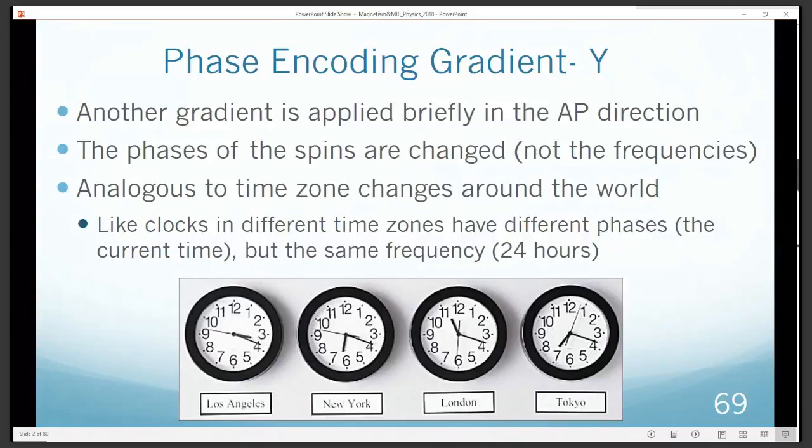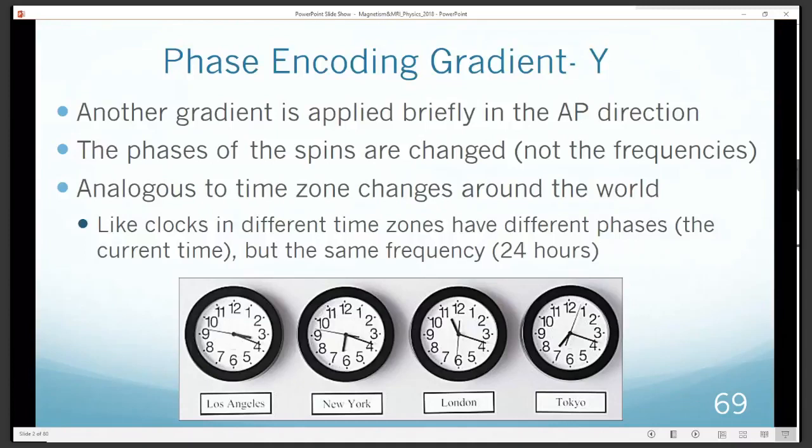Now, by phase encoding, I mean we're changing the relative phase of the signal you get from the NMR spins. You turn the gradient on briefly, in this case in the AP direction, and then it's turned off. While the gradient is on, the nuclear spins have different resonant frequencies, which are dependent on their position in the patient.